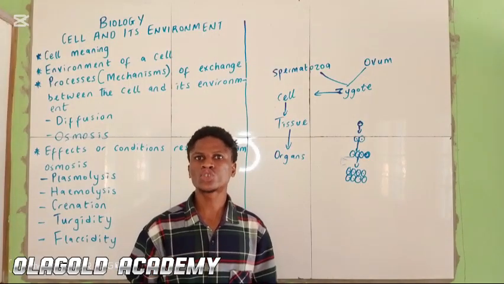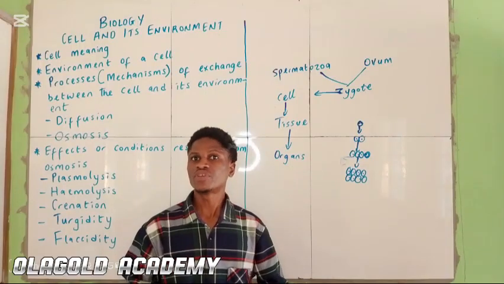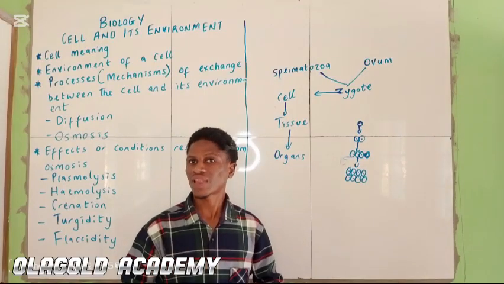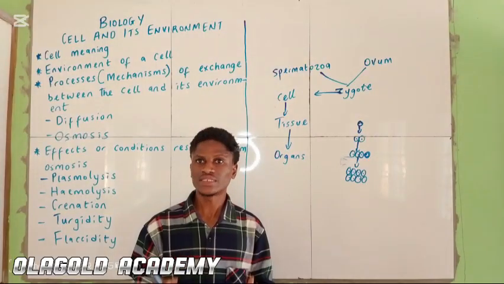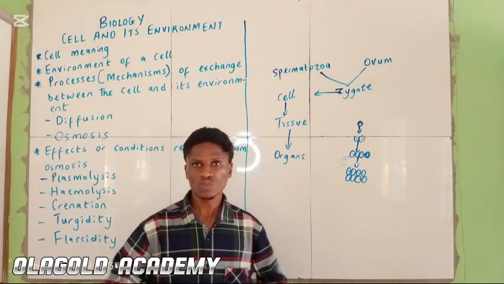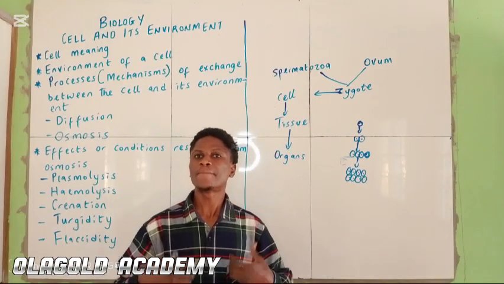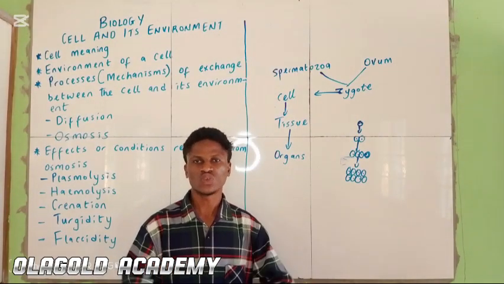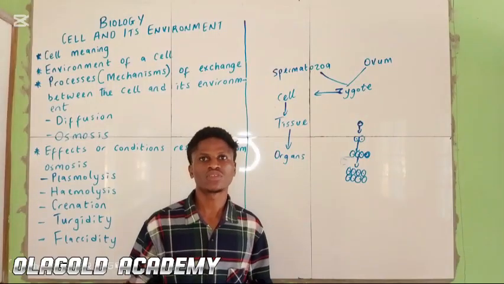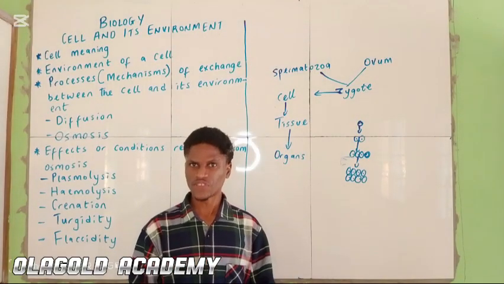Now, the unused food that we take in is sent to the large intestine. The ones that are needed are taken from the small intestine, and the remaining ones, the leftover, are sent to the large intestine, where water and other chemicals from the body are mixed with it, and it forms the feces.